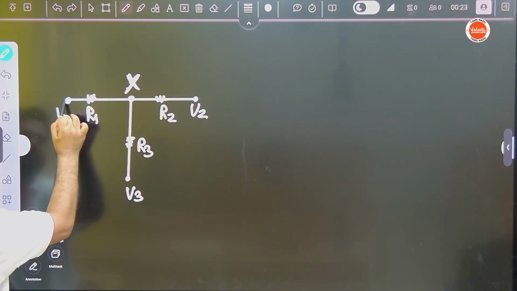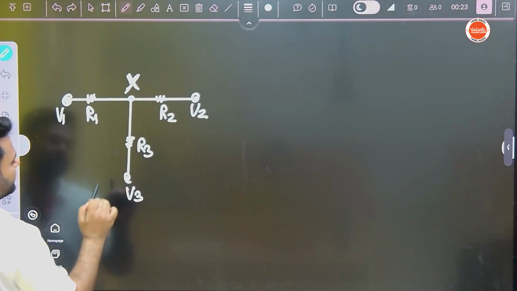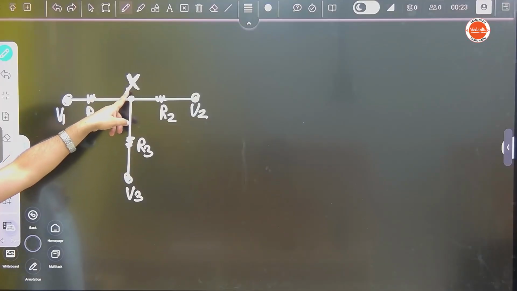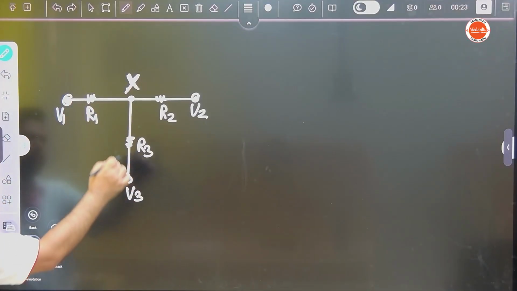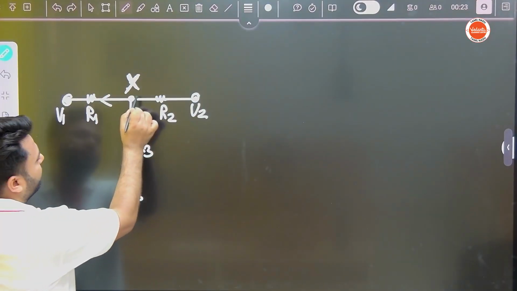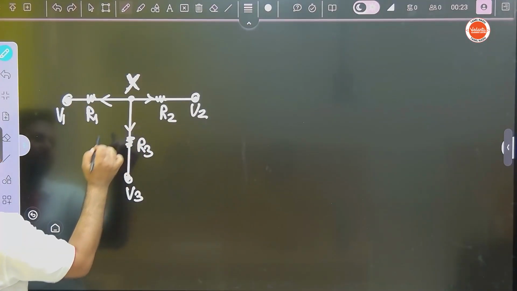Neighbor voltage means this voltage, this voltage, this voltage. You assume it is higher. So this is high, this is low. So current will flow from here high to low. Similarly, current will flow from high to low like this, and like this.